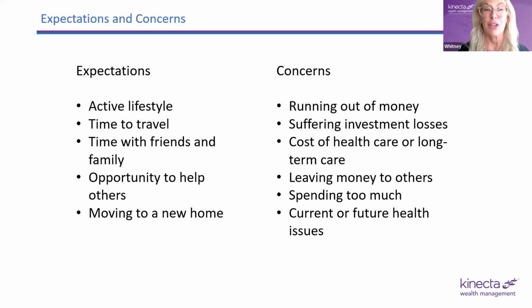So it's a great conversation piece, helping the couple decide what we want this to look like. We want it to be the best time of our lives. In this case, Katie and Alex want an active lifestyle. They want to travel and spend time with their friends and family. They're definitely interested in volunteer work, and there's a possibility that they'll move to a new home.